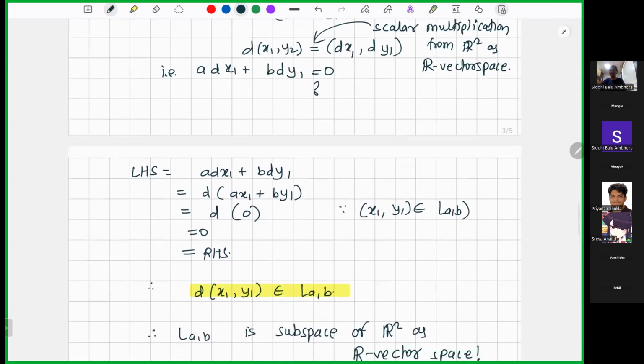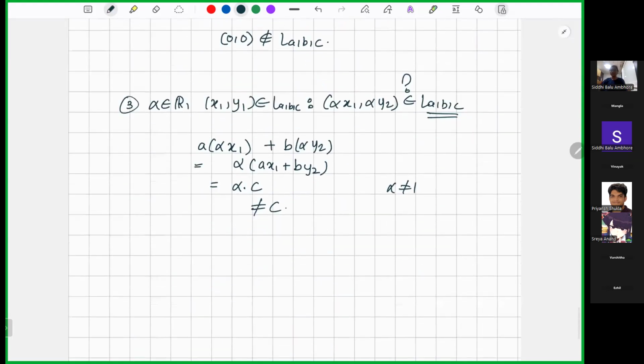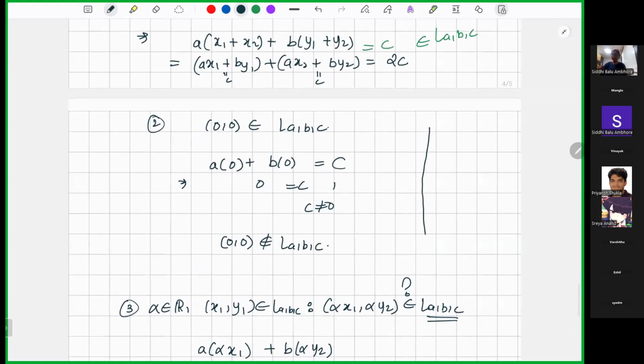When we look at R2, if I take any line which is not passing through the origin, it does not contain the 0, 0 point, right? So it does not contain 0. So it anyway does not satisfy the basic first criterion for something to be a subspace. But if I take some other line which is passing through 0, 0, then definitely 0, 0 belongs to that line.